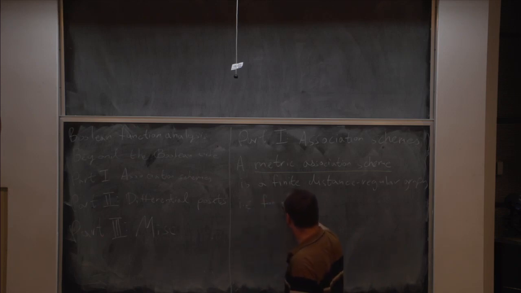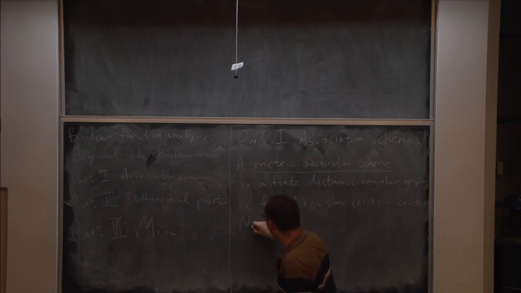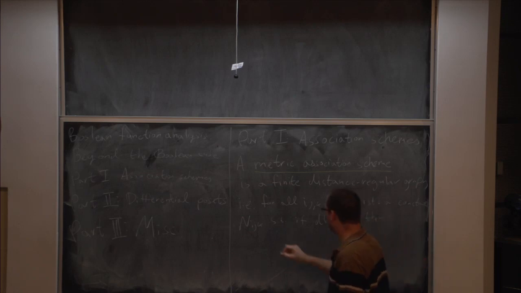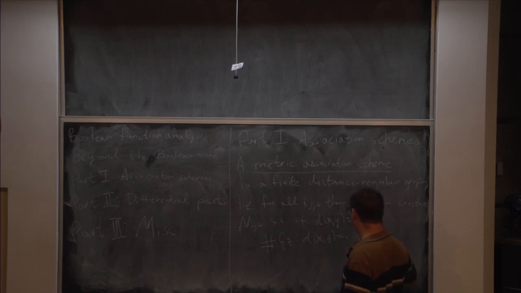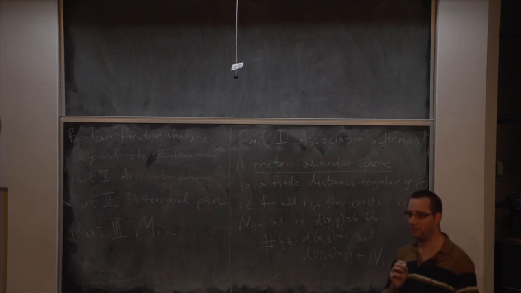So for all i, j, and k, there exists a constant n_ijk such that if x and y are vertices at distance, let's say k, then the number of vertices at distance i from x and j from y is n_ijk.